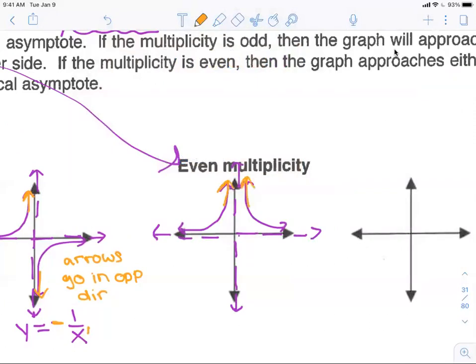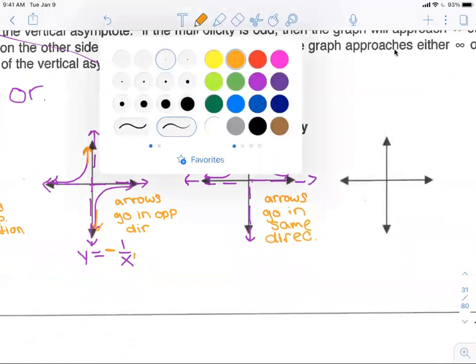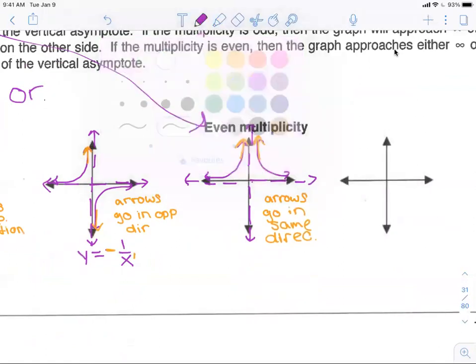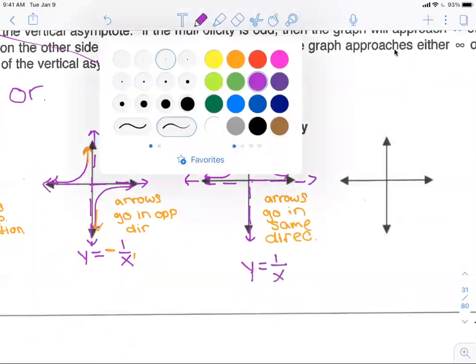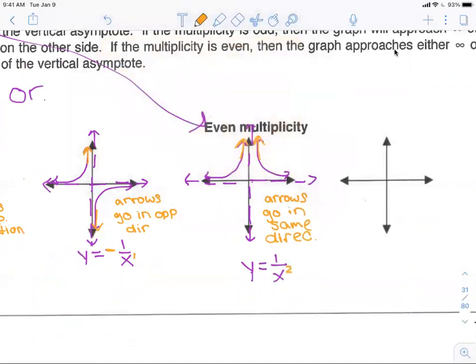They're both going in the same direction. So arrows go in the same direction. And again, that's for the graph y equals 1 over x squared, because it's even, they're going to go in the same direction.